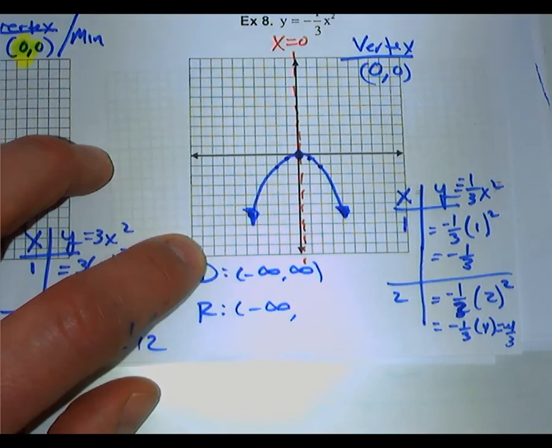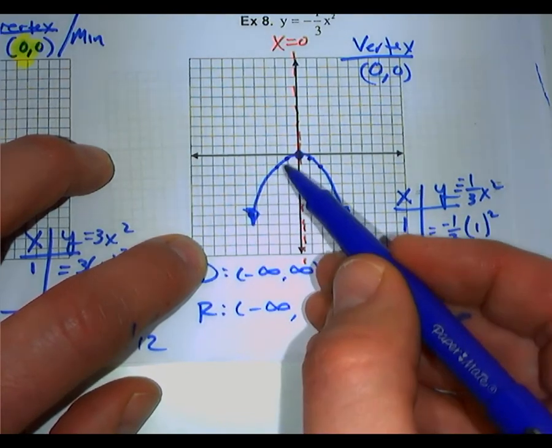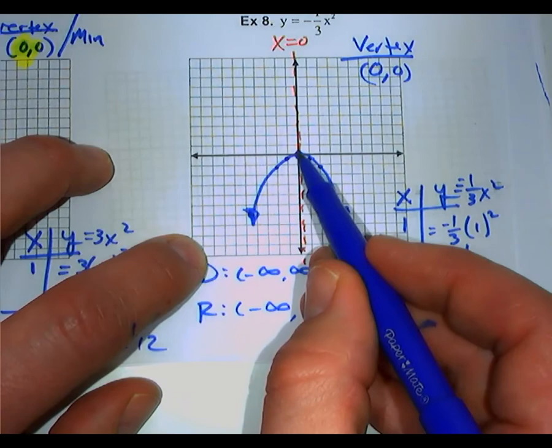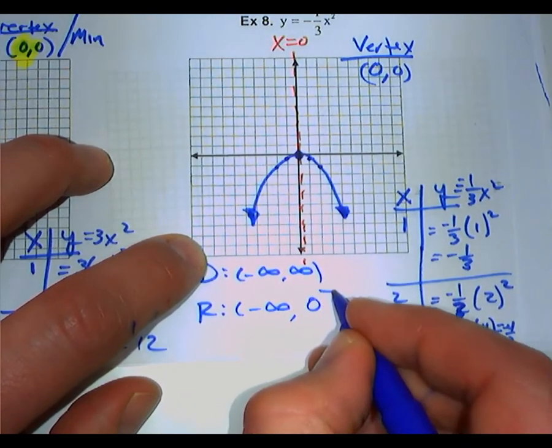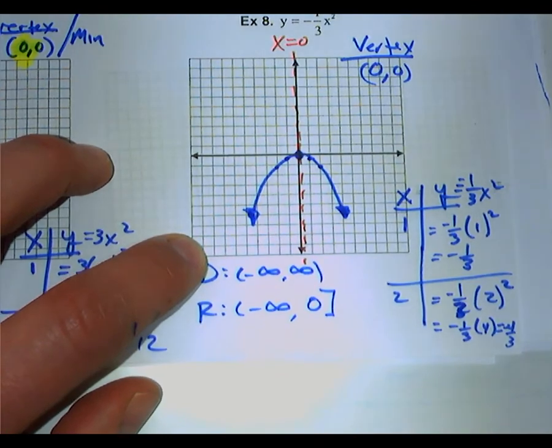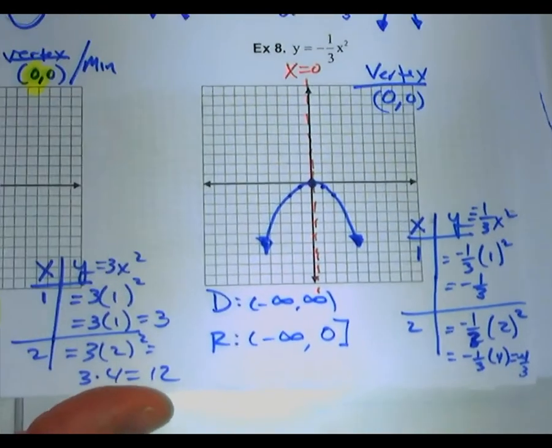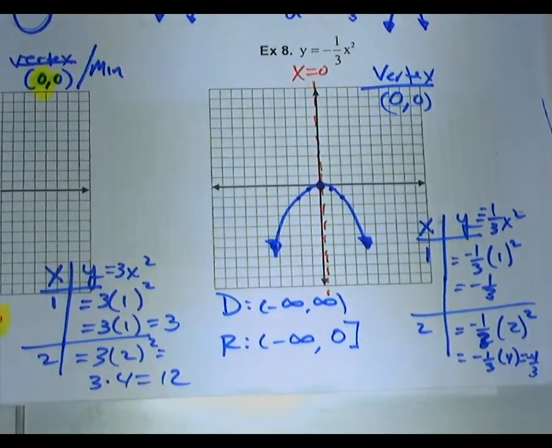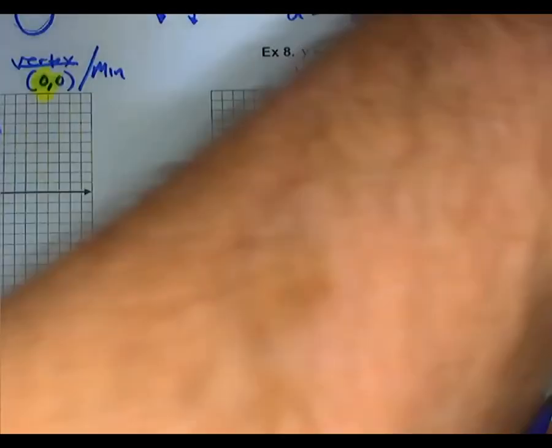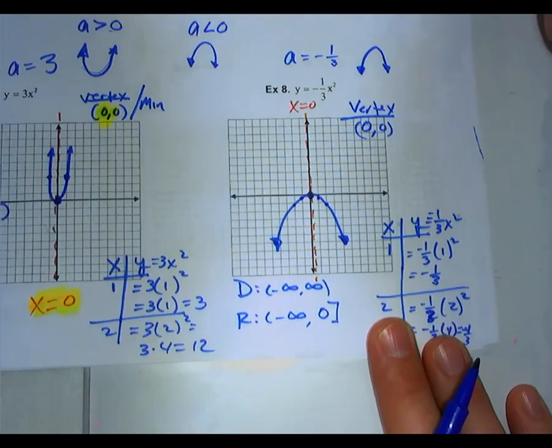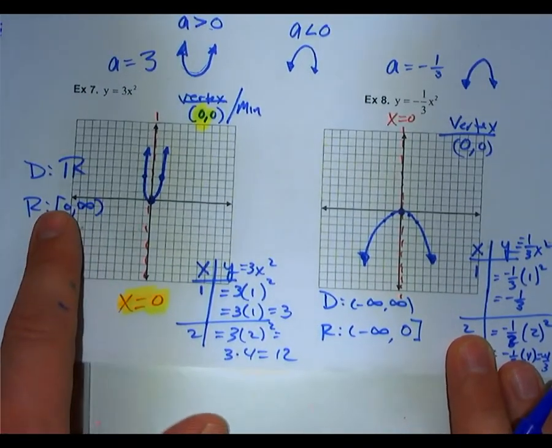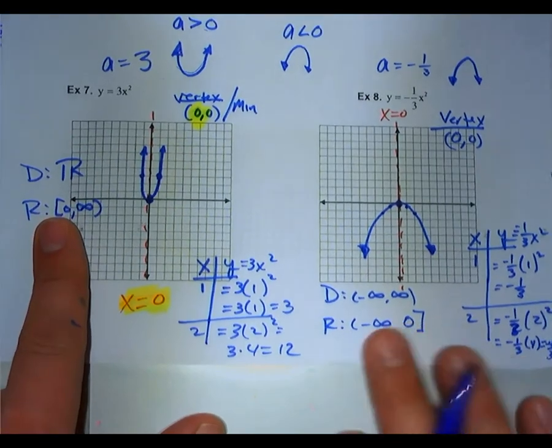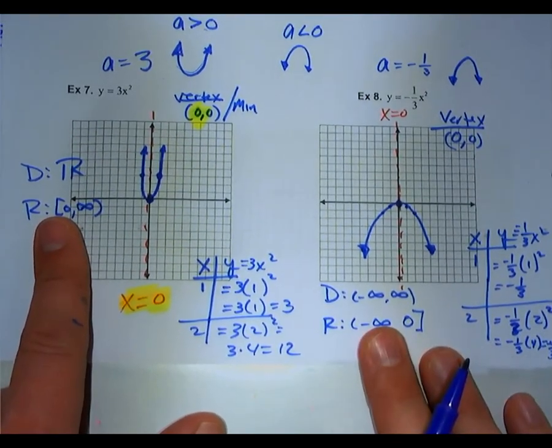How high does it go? It stops right here. This y value stops right there at what, 0? Okay, this is an example where your graph got flipped upside down, which means your range gets flipped. Okay, if I zoom out, if you look on this side, it's 0 to infinity, and because this one has been flipped upside down, now it's negative infinity to 0.